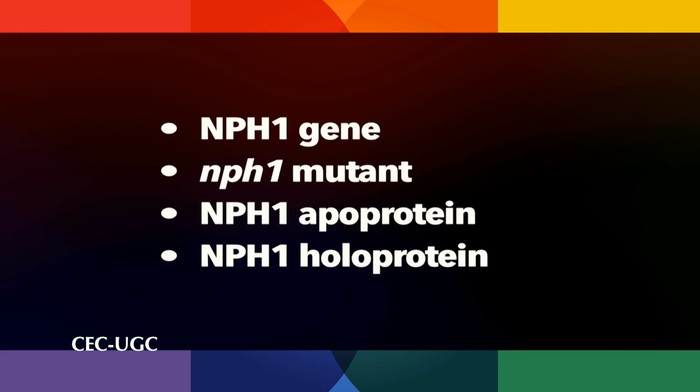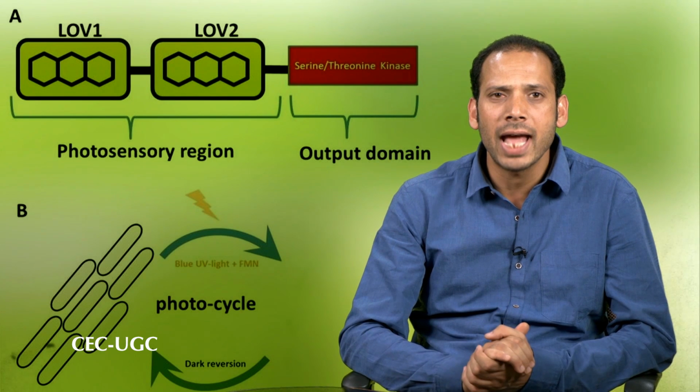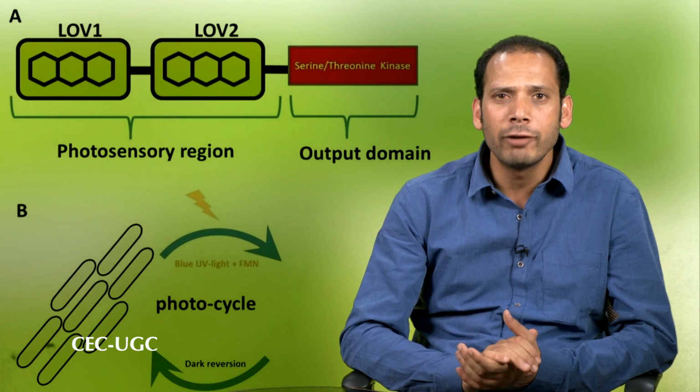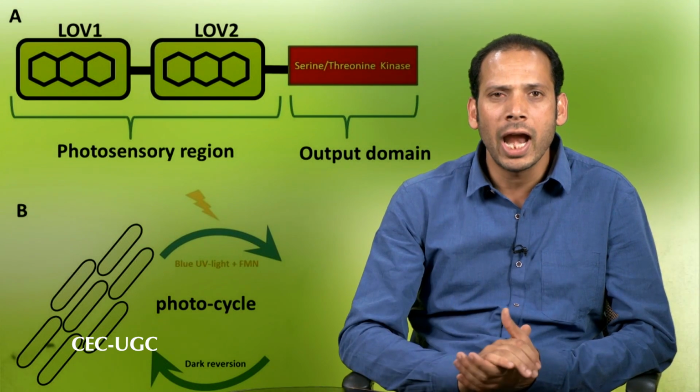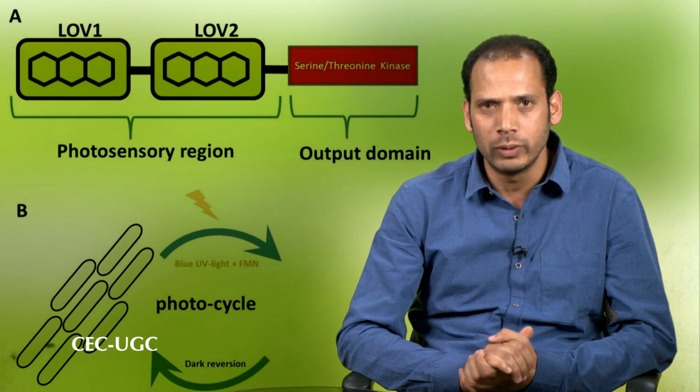The NPH1 gene, NPH1 apoprotein, and NPH1 holoprotein have been renamed as Phot1, designating phototropin, and the Phot mutant respectively.